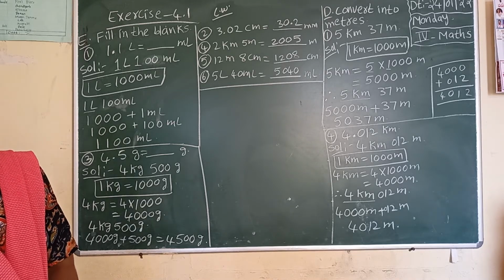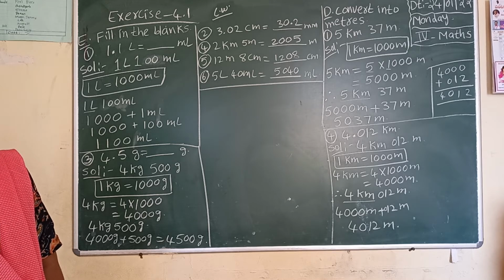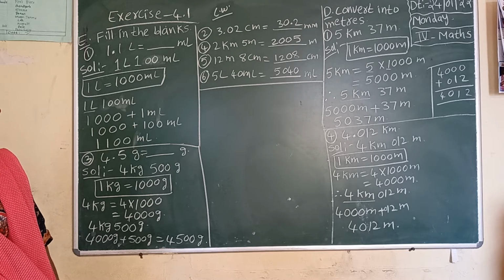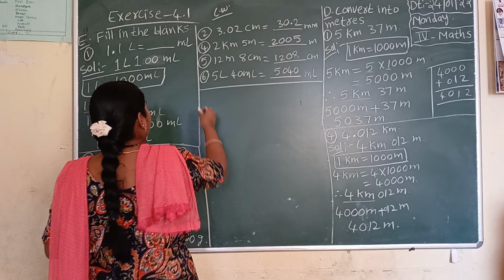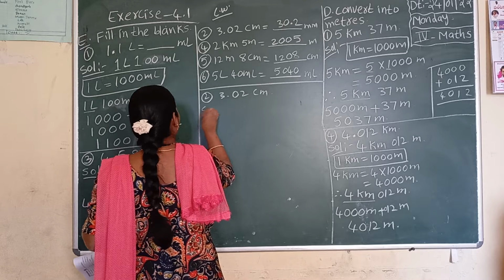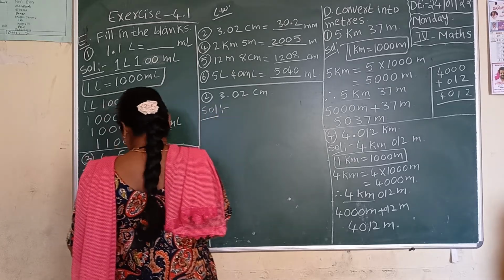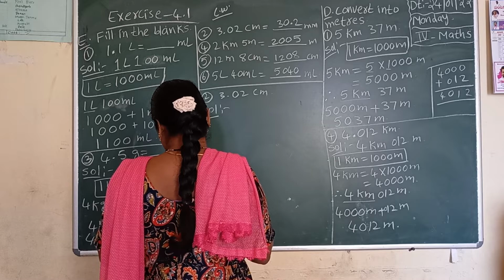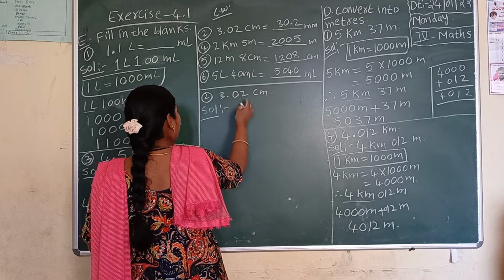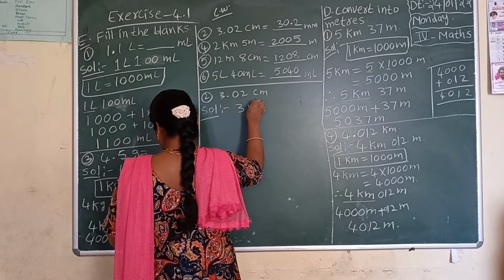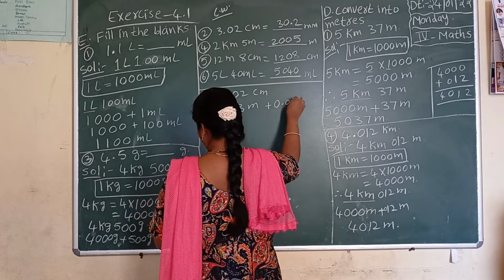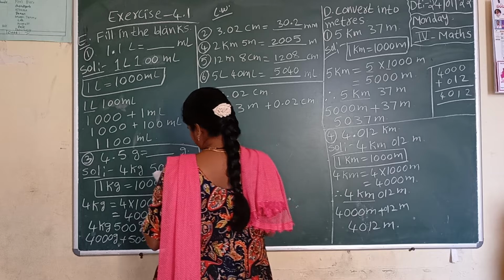The second one I am explaining. See here, 3.02 centimeters. How you have to convert: first of all, write down here. The point before is there means it is known as 3 meters, and place 0.02 centimeters.